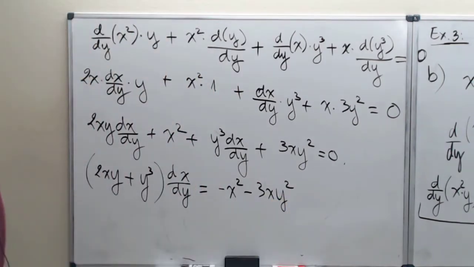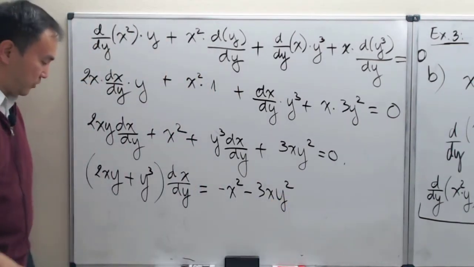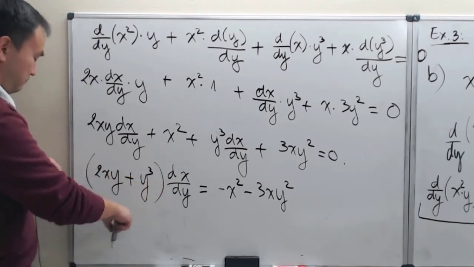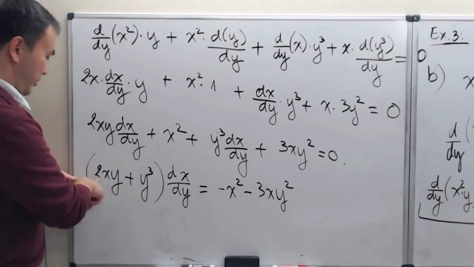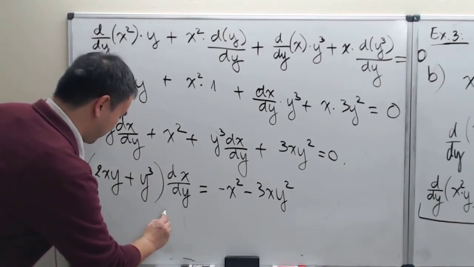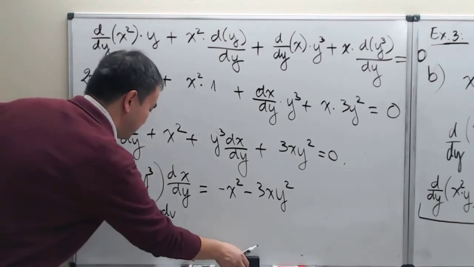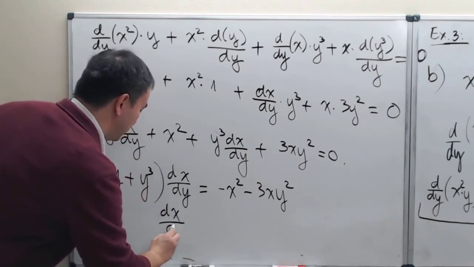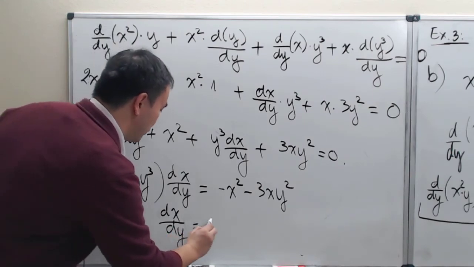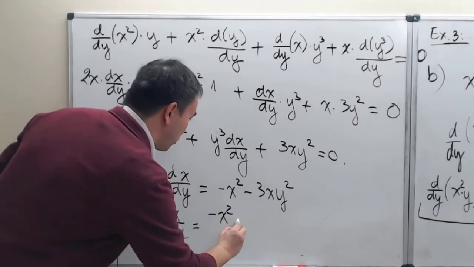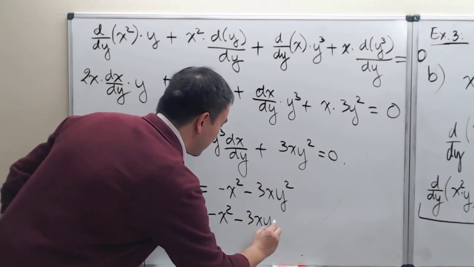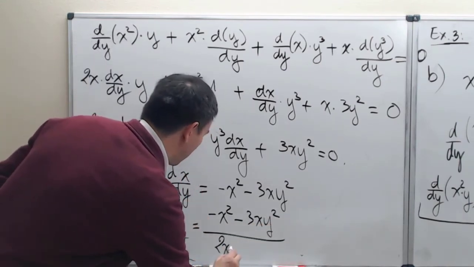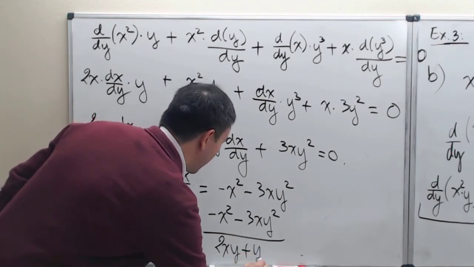Okay, and so now we are ready to solve for this final dx dy over here. So it's just a matter of dividing that away, that expression 2xy plus y cubed right here. So dx dy equals minus x squared minus 3xy squared, and we're dividing that by 2xy plus y cubed.